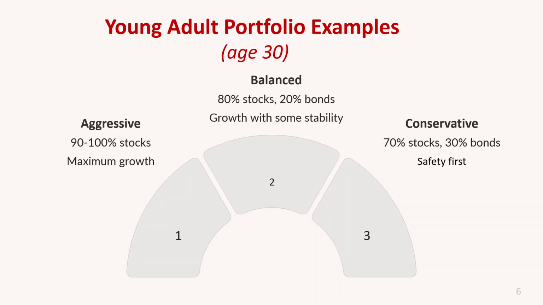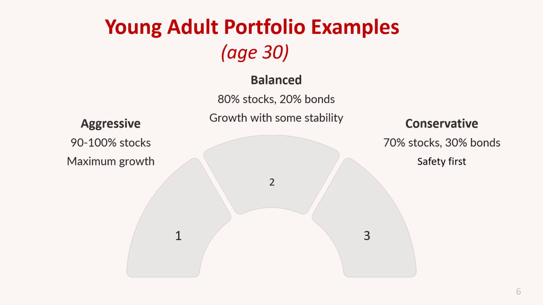In summary, your asset allocation will depend on your age and your personal risk tolerance. When you look at the model portfolio by age group chart on the previous slide, you will see how a 30-year-old's allocation will change. For example, you've got the three risk tolerance categories.